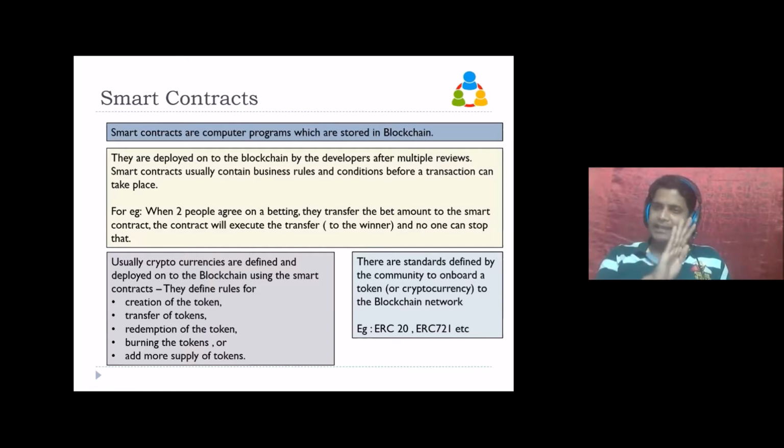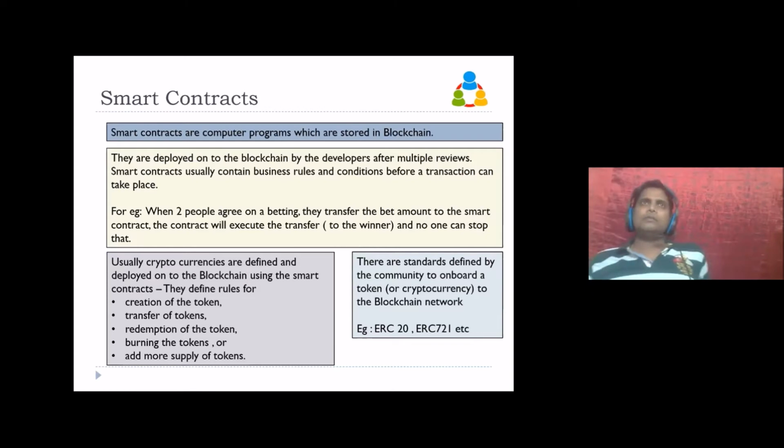Nobody can say, I will pay only 5,000. Those things cannot happen. All those things will be executed as defined. Nobody can change it. That is why it is called a smart contract. You can write any business conditions using a smart contract and then deploy.